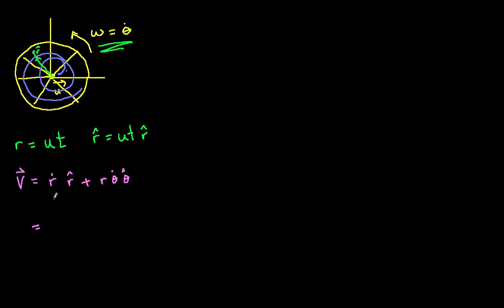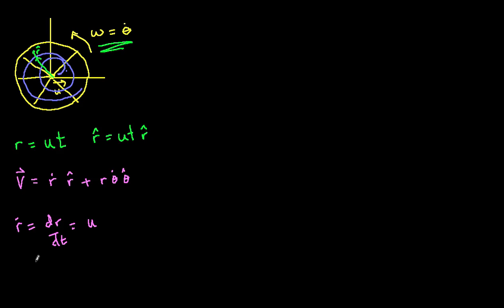Okay, so r dot is the derivative of r with respect to time. So let's put that in. Let me solve that separately. So r dot is equal to dr dt, which is equal to u.